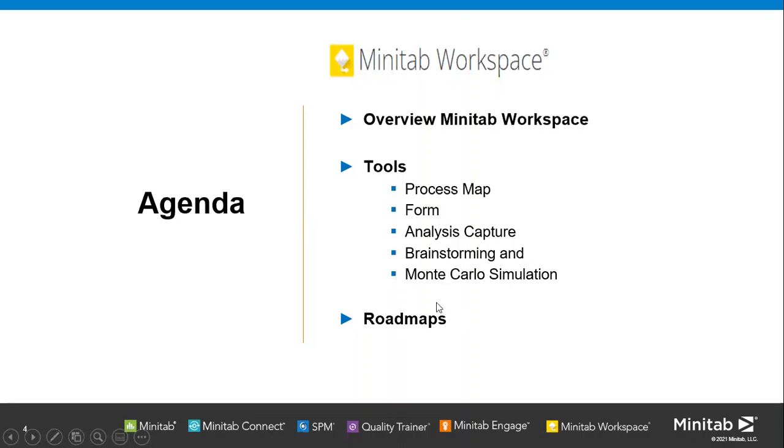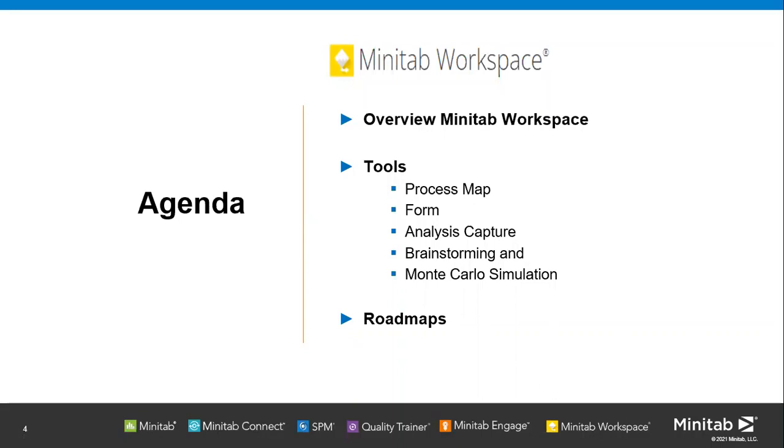And then we can also open Minitab Workspace as a roadmap. A roadmap is something like a combination of all these tools. A roadmap here refers to something like a DMAIC project, PDCA project, PPAP project, and so on.